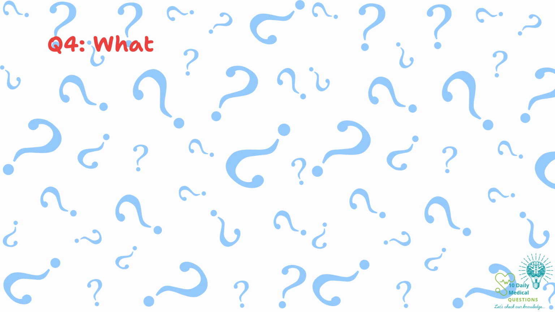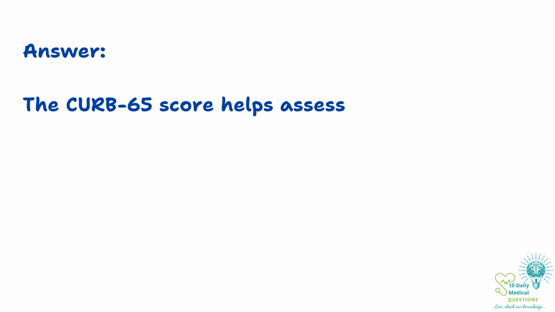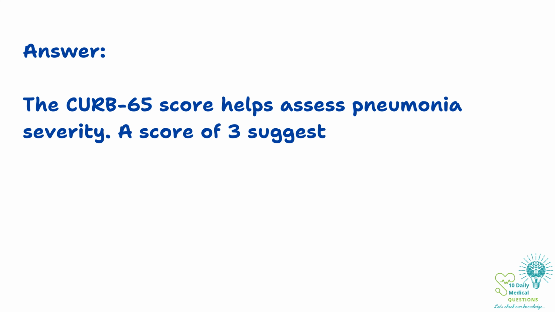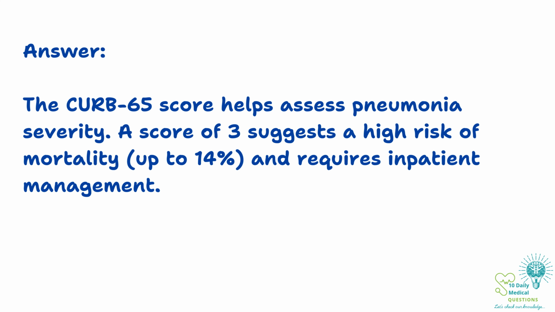Question 4. What does a CURB 65 score of 3 indicate? Answer. The CURB 65 score helps assess pneumonia severity. A score of 3 suggests a high risk of mortality, up to 14%, and requires inpatient management.